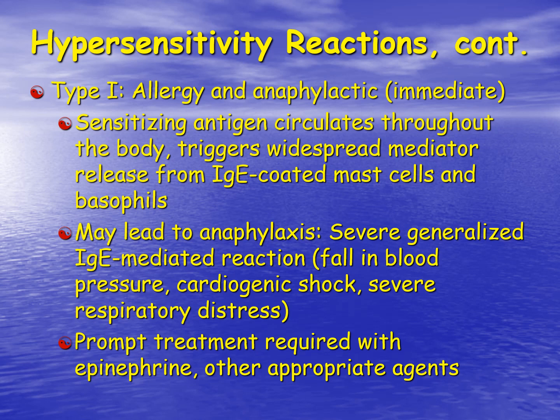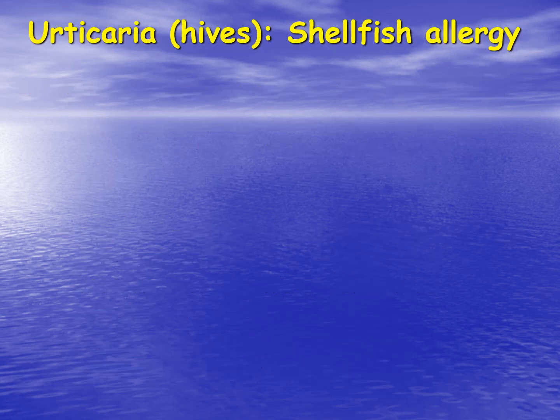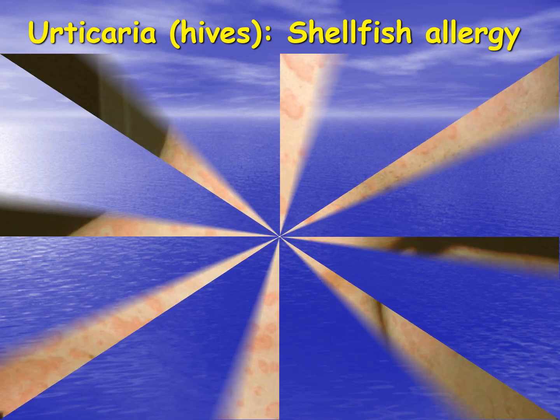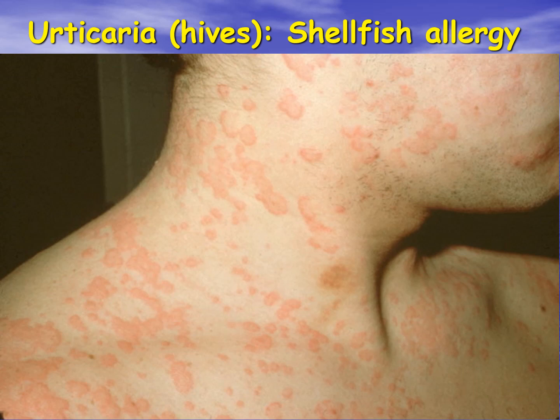So most people that die from anaphylaxis actually die due to the severe cardiogenic shock and the rapid fall in blood pressure. The severe respiratory distress is primarily caused by swelling edema around the laryngeal area. This is actually a picture of urticaria, or what the common term is hives.